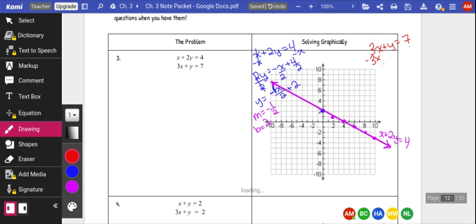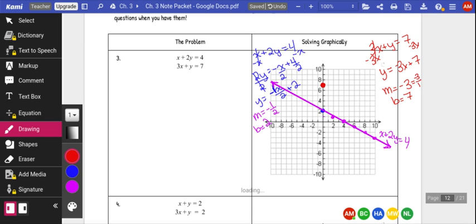So I'm going to subtract 3x from both sides. Y equals negative 3x plus 7. If you are looking at your equation of your line, your slope is negative 3 and your y-intercept is 7. So you start at 7 on your y-axis. And then if it's negative 3, it means it's negative 3 over 1.